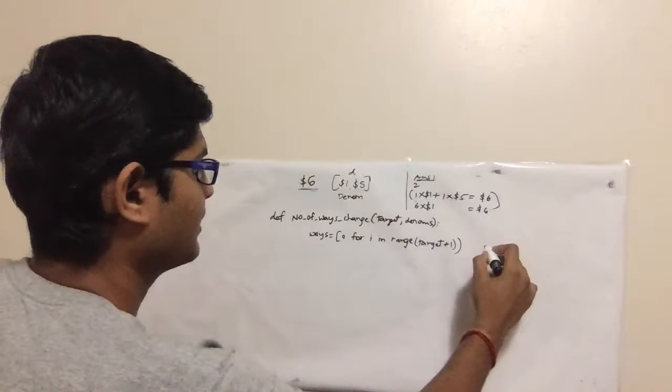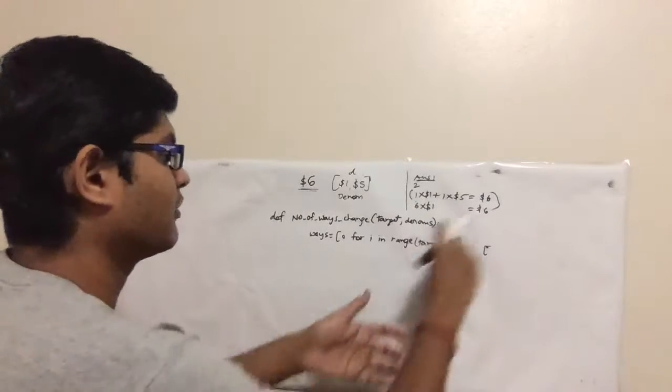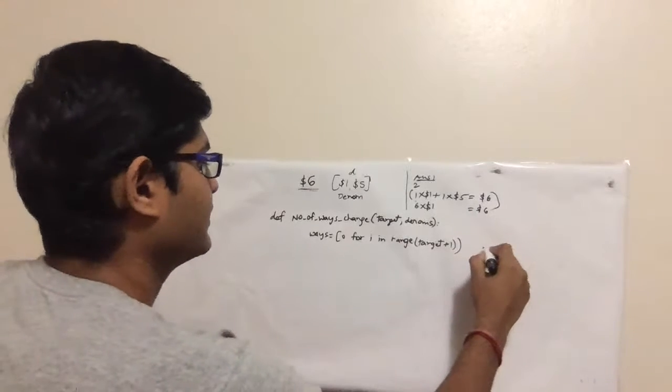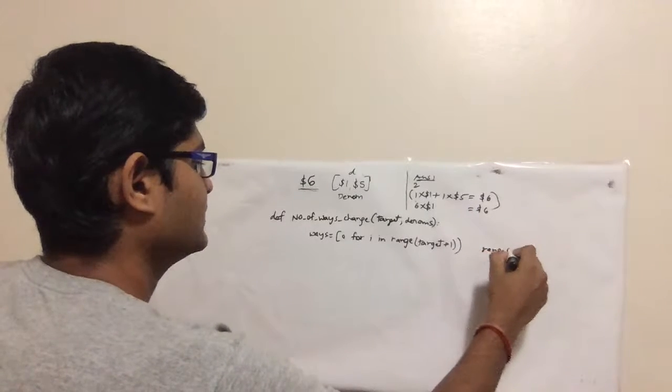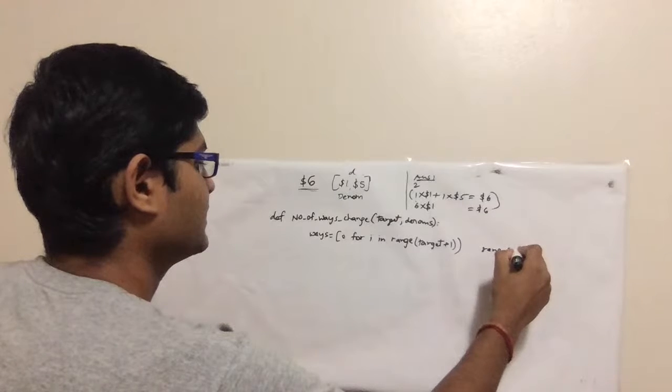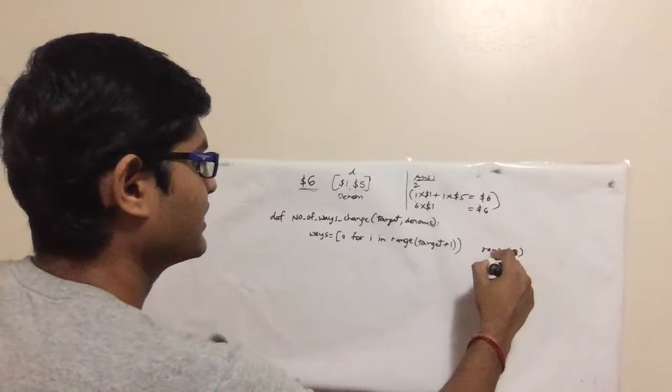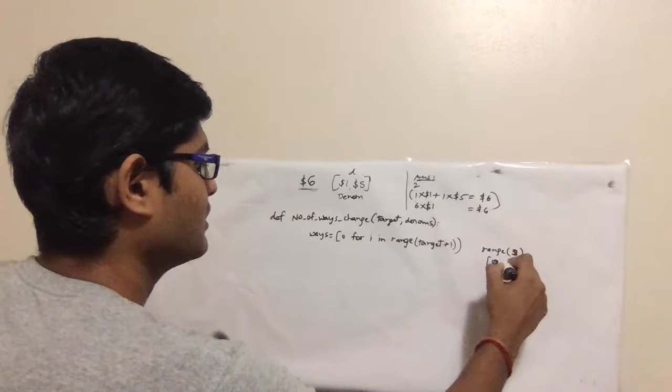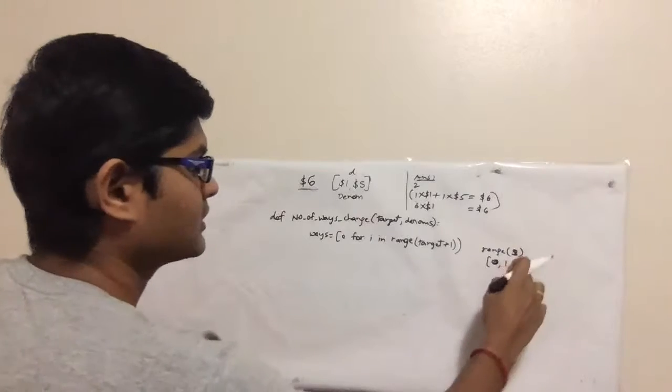For example, if the range is 3, the array will be created with 0, 1, 2, not including 3.